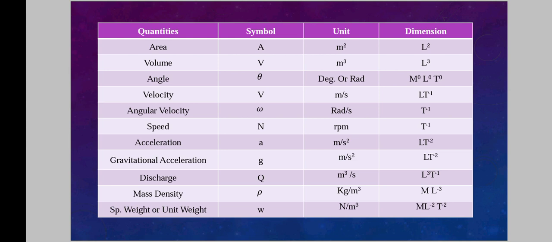Accordingly, for angle, velocity, angular velocity, speed, acceleration, gravitational acceleration, discharge, mass density and specific weight, the symbols, units and dimensions are given. For example, the discharge Q, it is meter cube per second. The dimension is L cube T power minus 1, otherwise L cube divided by T.